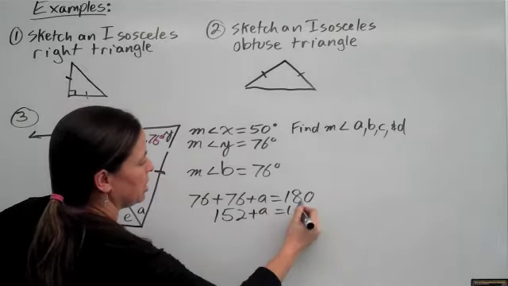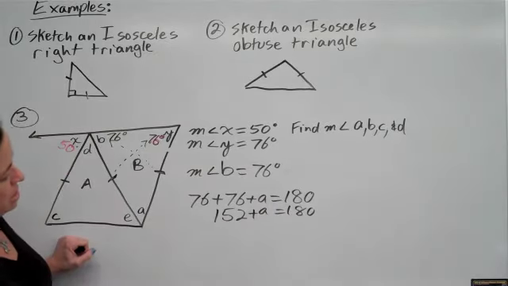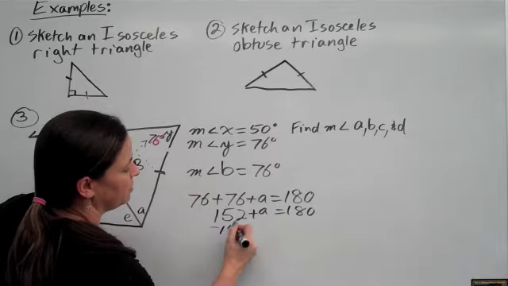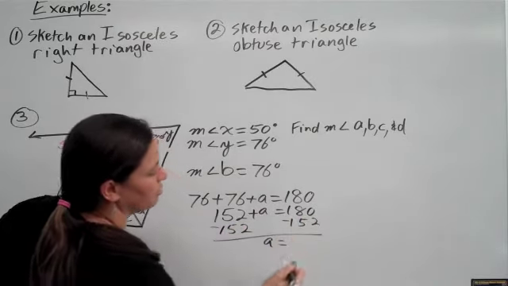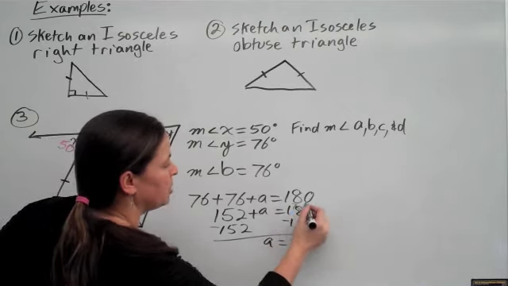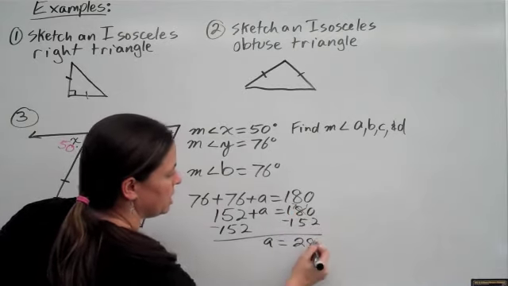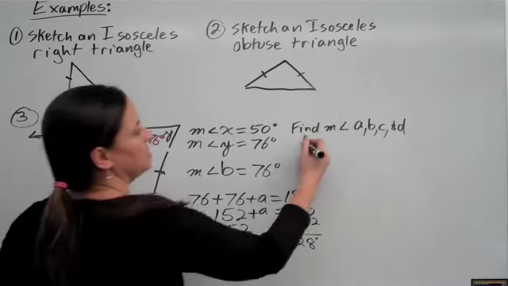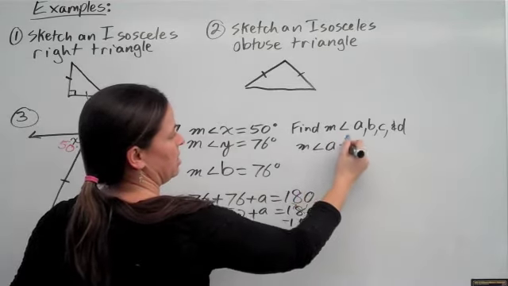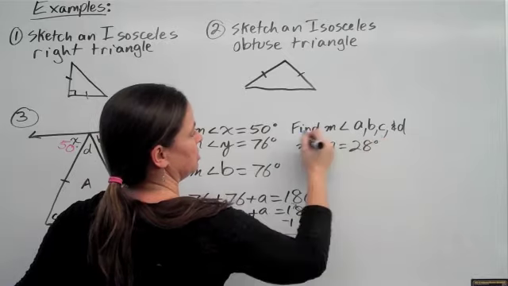Did I add that correctly? I think so. If I subtract 152 from both sides of the equation, I end up with A equaling 28 degrees. Does that seem reasonable? It's an acute angle, so that seems about right. So the measure of angle A is 28 degrees.